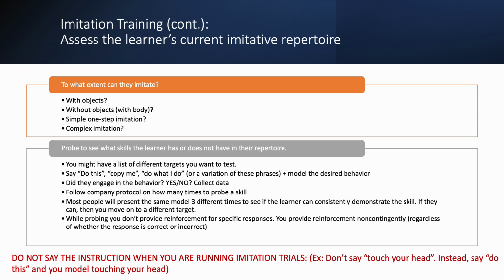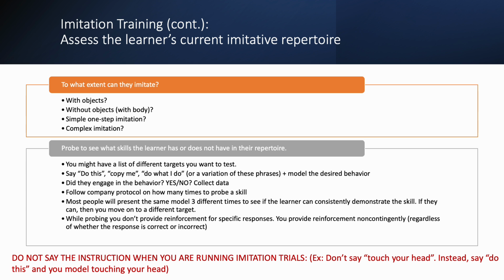All right, so let's continue with our discussion on imitation training. You've determined that the learner has the prerequisite skills to engage in imitation training. So now you want to figure out to what extent this individual can imitate, okay? So you will probably run an assessment of some sort.